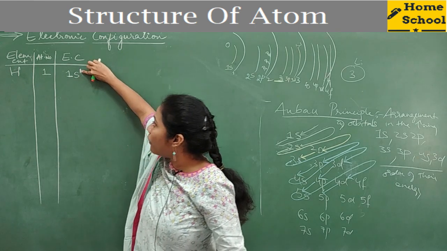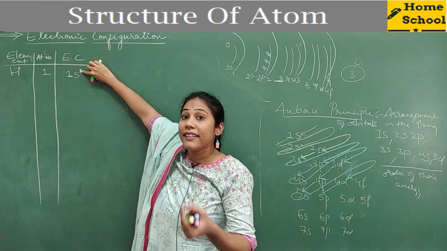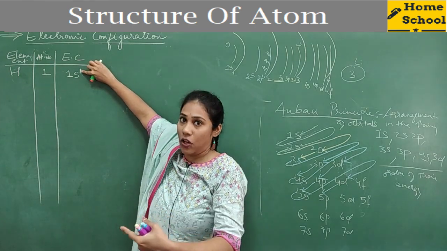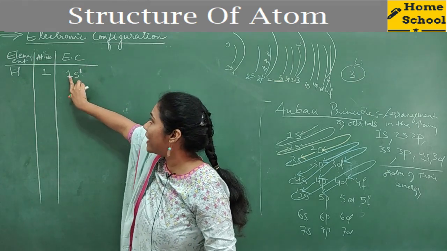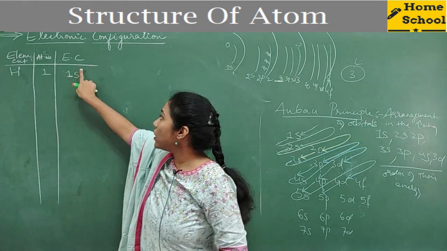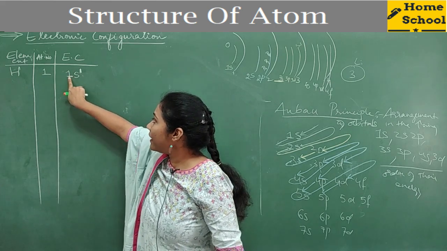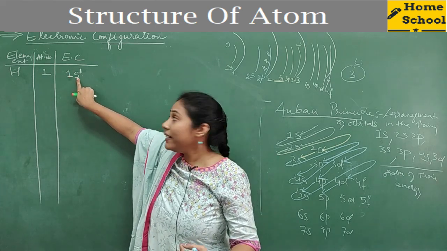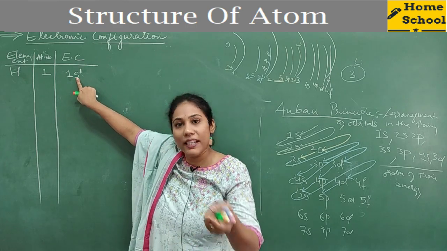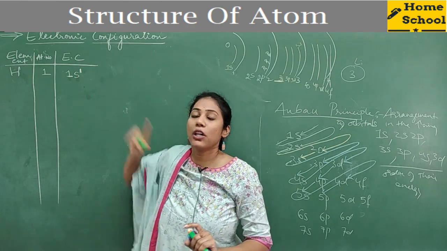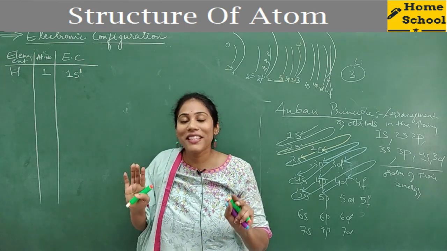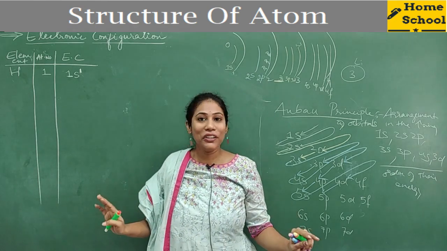See, the superscript digit indicates that the electron is present in the 1s subshell. This indicates the principal quantum number, that the electron is present in the first main shell. And in the first main shell, which subshell the electron is there. So this is how we will write the electronic configuration.